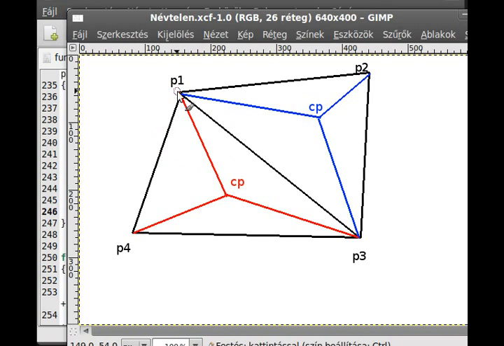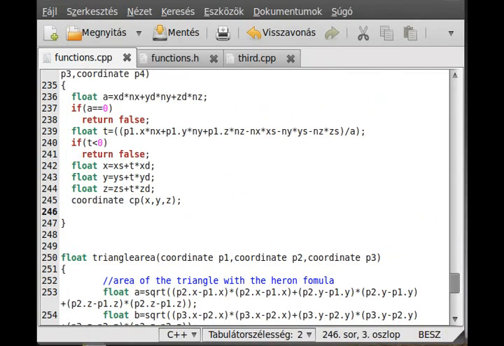So for example, if the P1, P3, P4 area is equal to the P1, P3, CP area plus the P1, P4, CP area plus the P3, P4, CP area, then the point is inside.